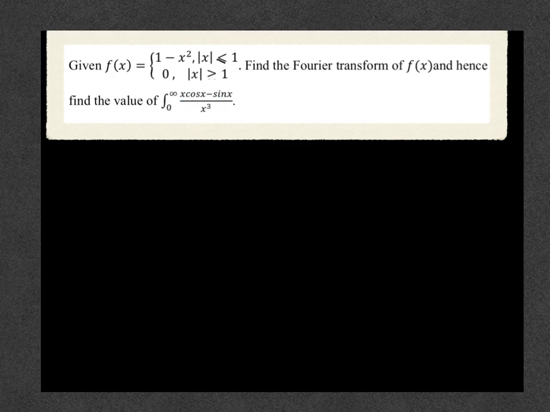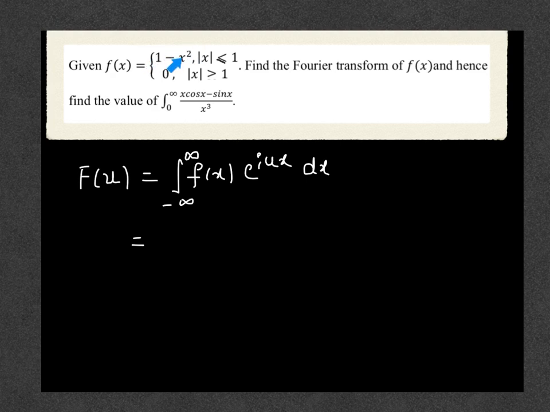So first we write the formula. Fourier transform of f of x can be written as f of u equals integral minus infinity to infinity f of x e power iux dx. And let's substitute, and we observe the function given is 1 minus x square for modulus of x less than or equal to 1, which means minus 1 less than or equal to x less than or equal to 1.